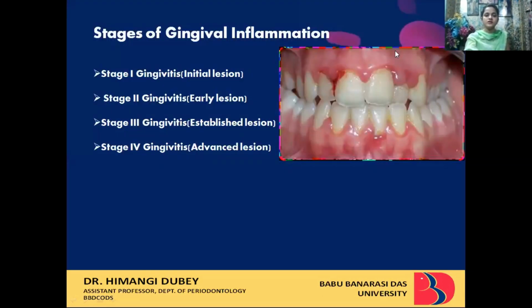Now, events leading to the causation and progression of gingivitis are, for the sake of comprehension, divided into stage 1, which is the initial stage, stage 2, which is the early stage, stage 3, which is the established stage, and stage 4, which is the advanced stage. So today in this discussion, we'll be seeing these stages in detail.